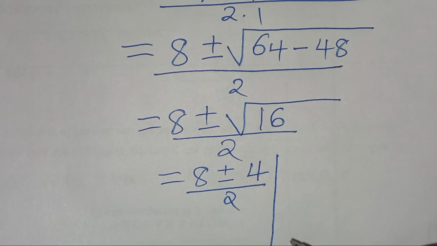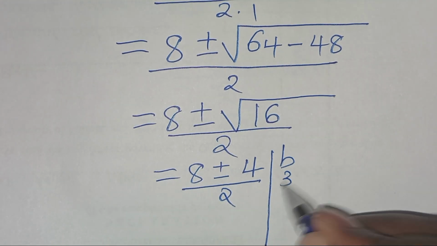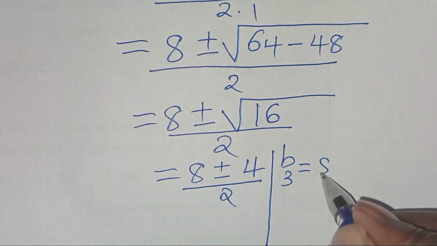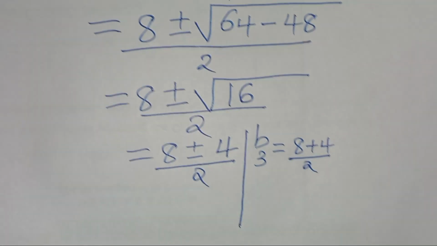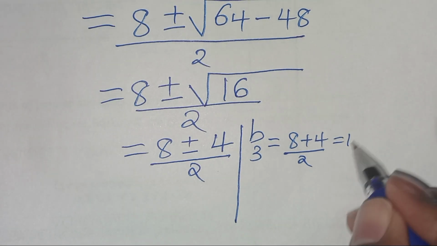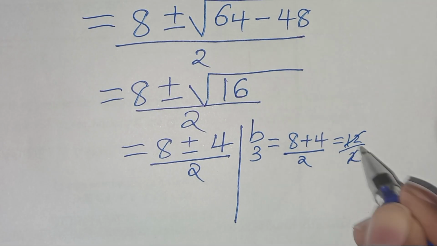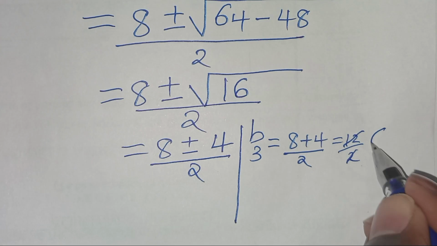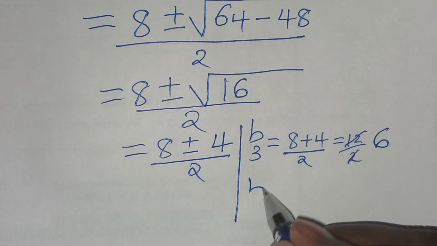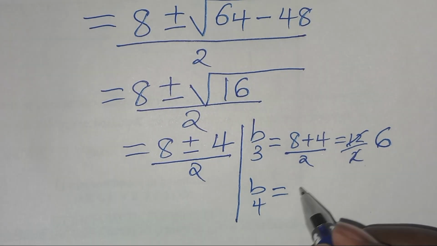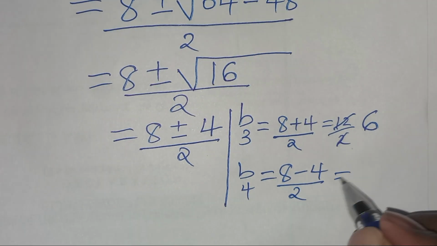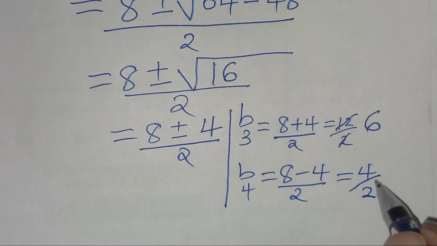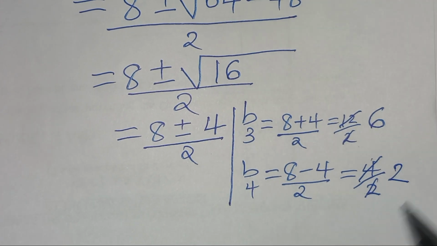So this implies that b3 is equal to (8 + 4)/2. So 8 plus 4 is 12 over 2, and this means that b3 is equal to 6. And b4 is equal to (8 - 4)/2. So this is the same thing as 4 over 2, which is 2.